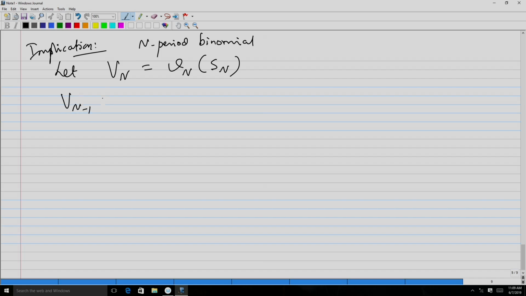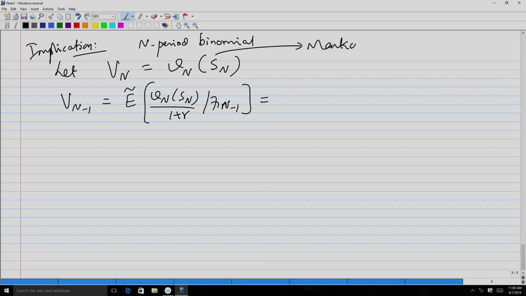Then my V n minus 1 would be E tilde of this quantity divided by 1 plus r, given F n minus 1, which would now be V n of S n. Here S n is basically a Markov process.